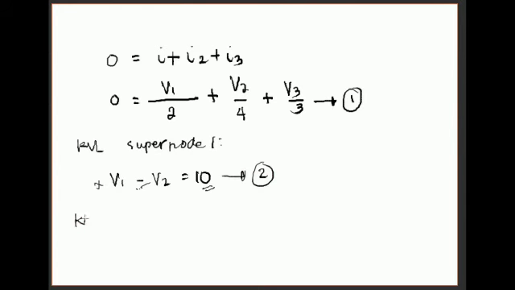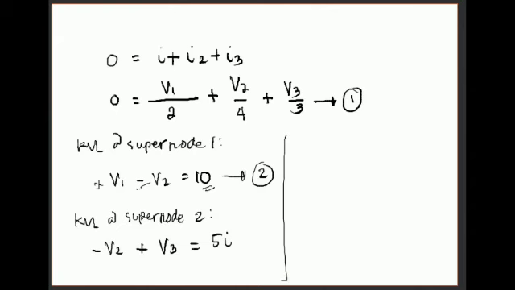And similarly, KVL at supernode 2, we have V2 minus V3 equals 5I, or could be rewritten as V2 minus V3 equals negative 5I.